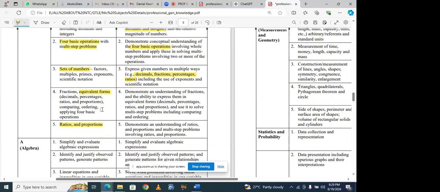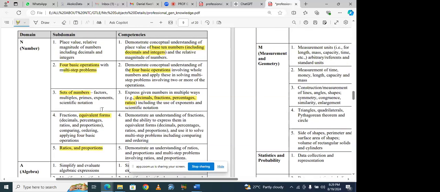The topics are quite numerous. However, for the purpose of today's class, which isn't meant to be a general briefing, I would restrict the exposition we are having on numeracy to these topic areas we have just highlighted. So we're going to be looking at base 10 numbers in general, decimals and integers.